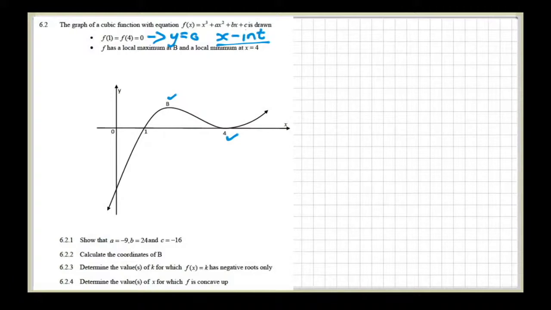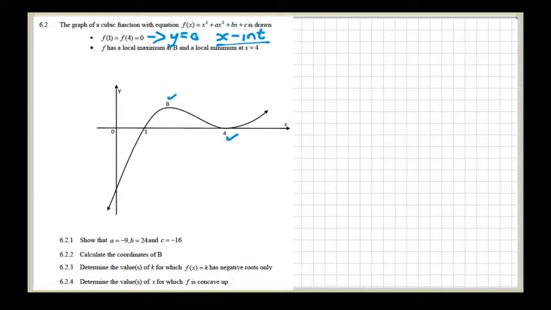With cubic graphs, I've always got one of two ways that I'm going to do that. Either they're going to give me x-intercepts, or they're going to give me turning points, or they might, in very, very seldom situations, give me a combination where I've got to solve simultaneously.